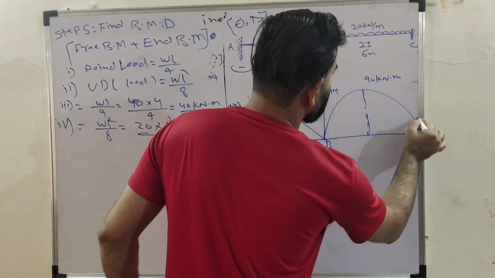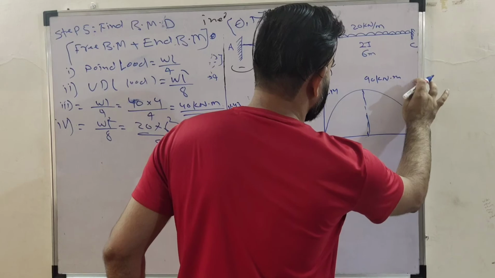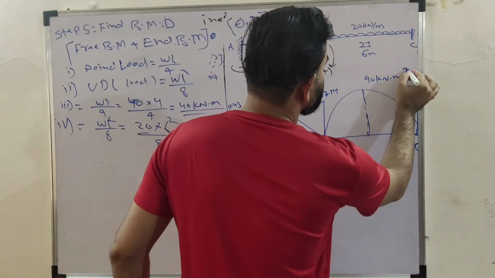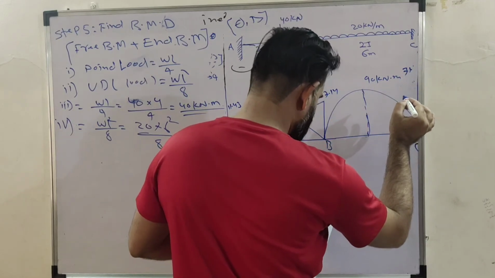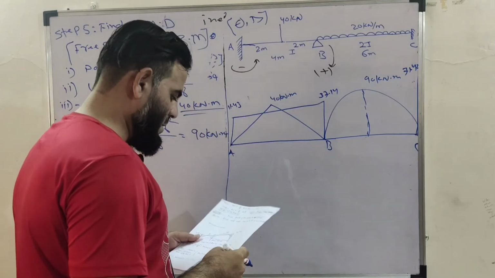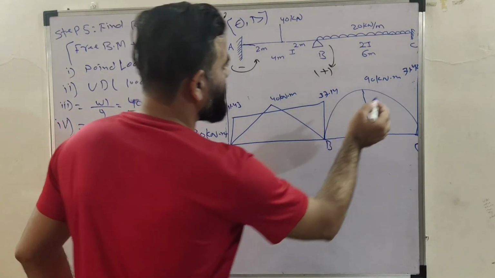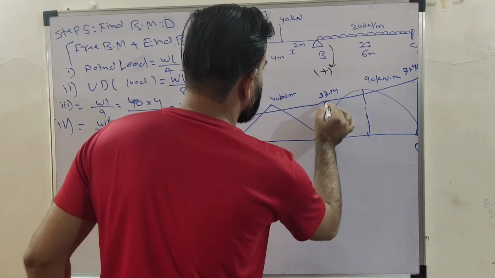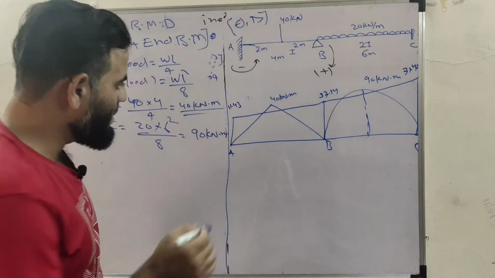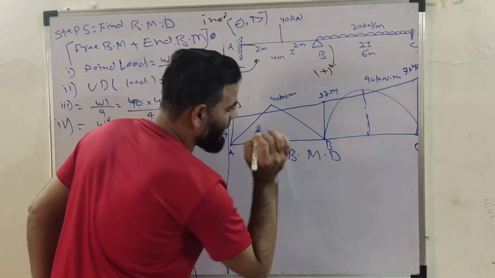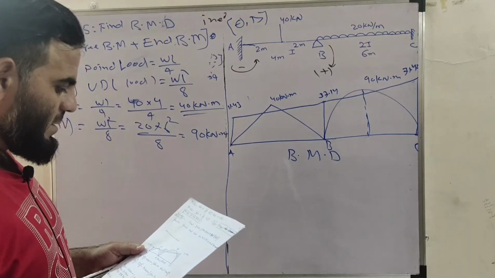CB we have this one, that will be 71.42. Sorry for that. Now we will join these values and sum them. This is the bending moment diagram. This is the final step.